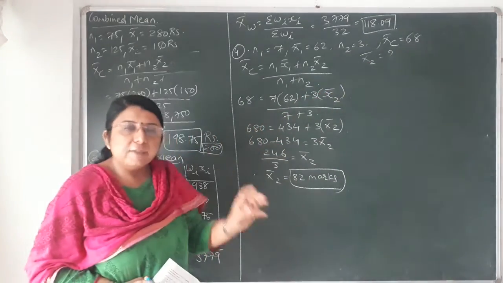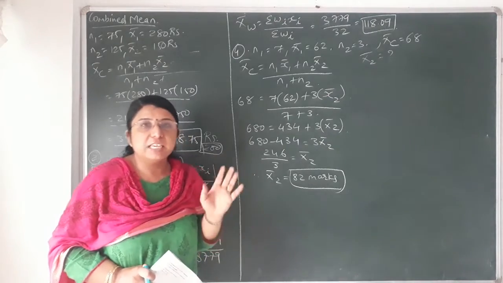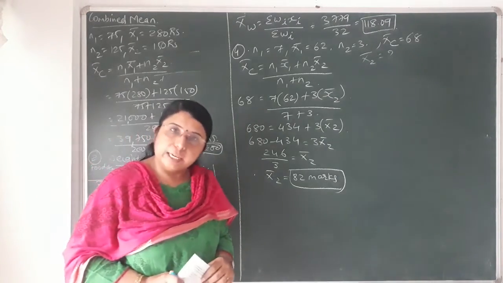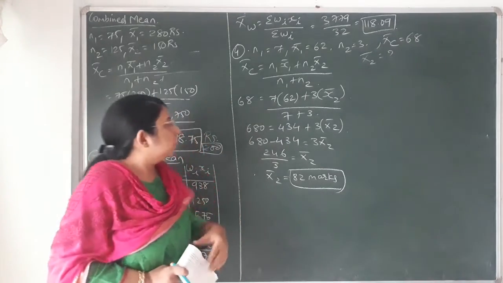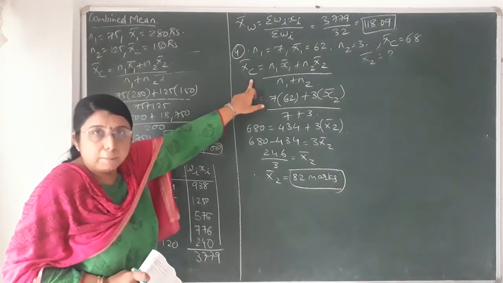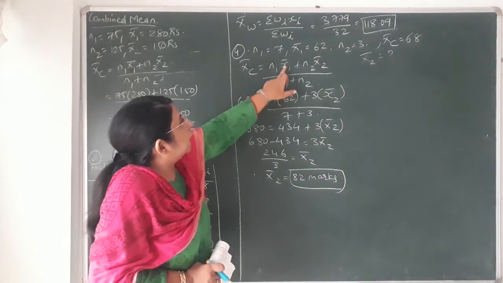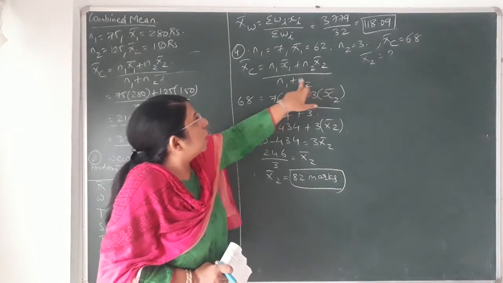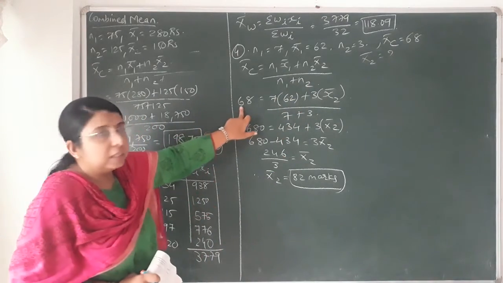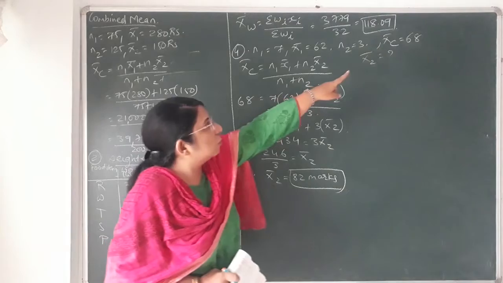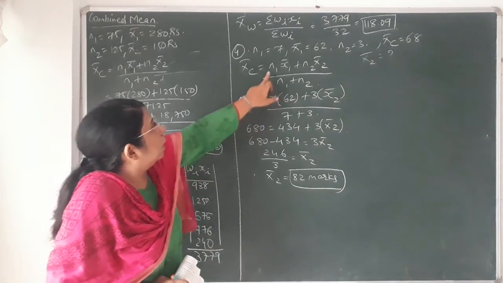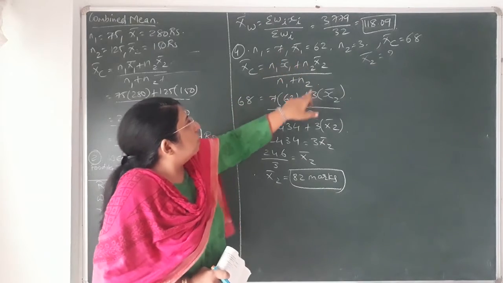With the same formula of combined mean, we can find the value of x2 bar by doing cross multiplication. How to find it? Let us see. The formula again: x bar c, that is combined mean, is equal to n1 x1 bar plus n2 x2 bar upon n1 plus n2. Now x bar c is given in the question, that is 68. So I have placed 68 is equal to n1, that is 7, x1 bar, that is 62.